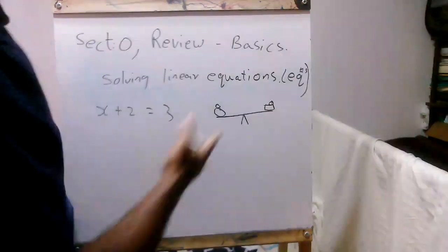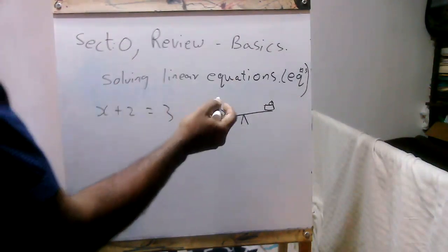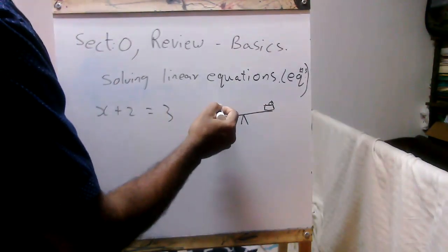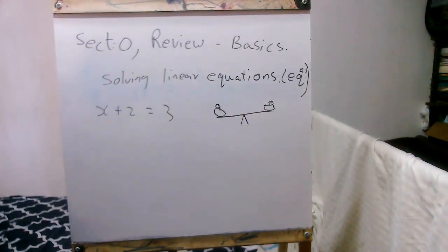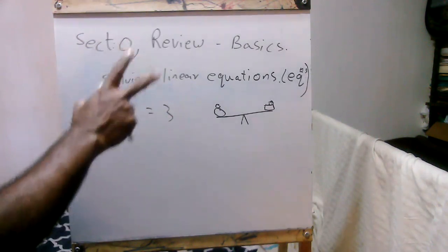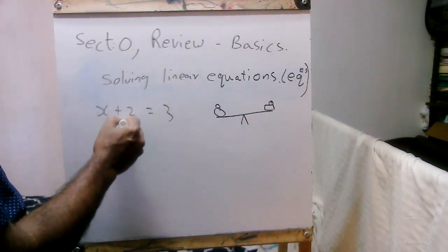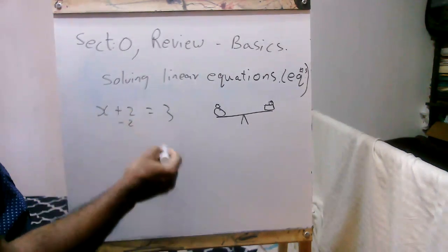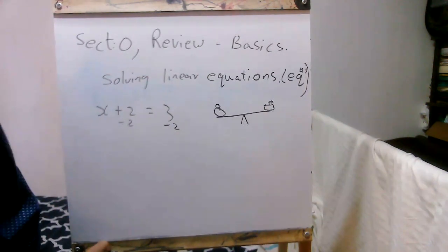This is the simple principle we're going to use. Whatever we put on one side, we have to put the same thing on the other side to keep it in balance. If you put negative 2 on the left side, you have to put negative 2 on the right side too.